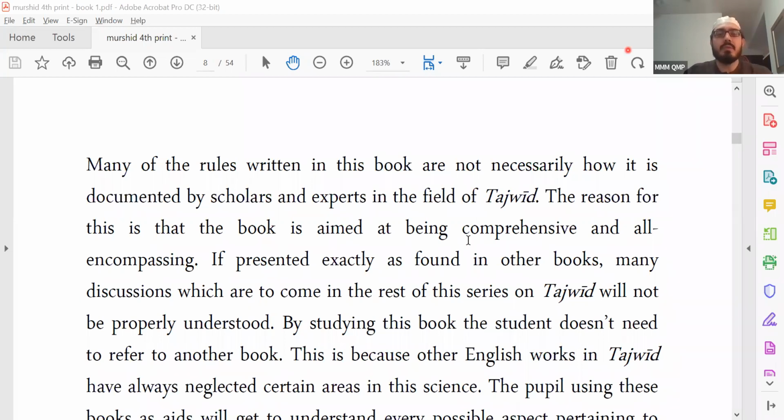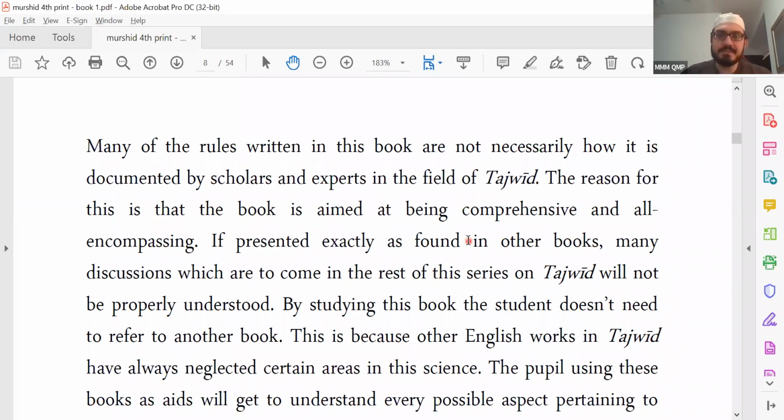Okay. So can someone tell me what Tajweed means? What do you think Tajweed means? Does it mean a good voice? Read with a good voice?